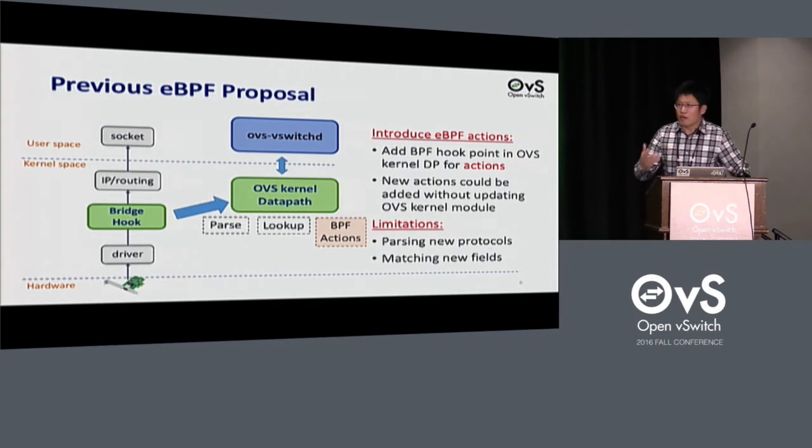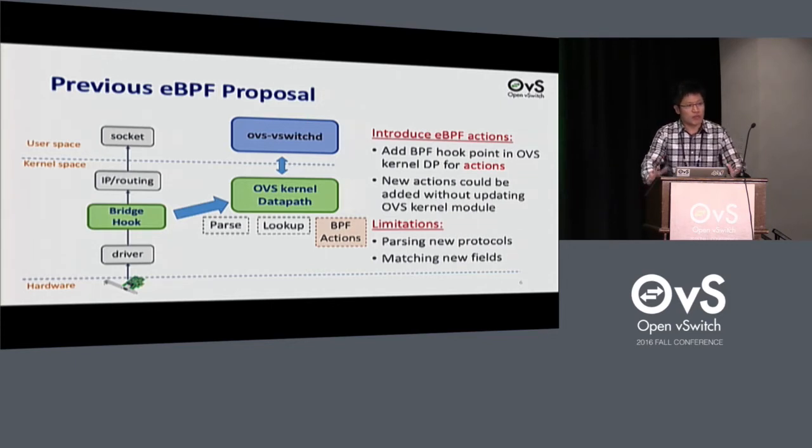There are a couple of ways to do eBPF in OVS. The first is that we can write an eBPF program in the parser or in the lookup path. Previously, we had an approach of implementing eBPF in the action stage.